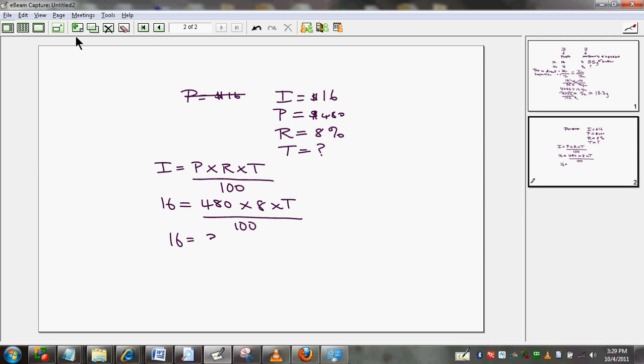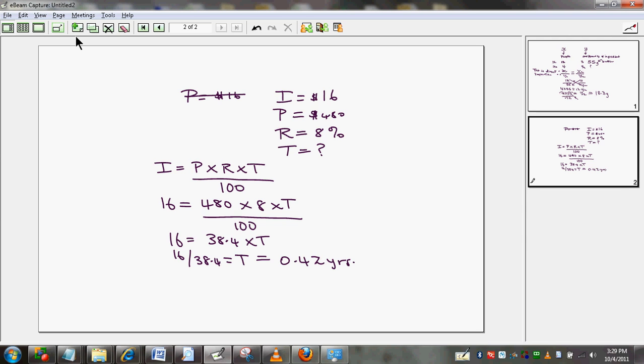So 16 is equal to 38.4 multiplied by T. So 16 over 38.4 will be equal to T, and that worked out to be 0.42 years.